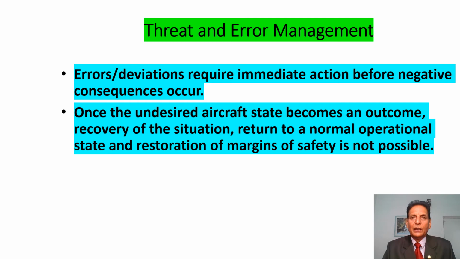Errors and deviations require immediate action before negative consequences occur. Once the undesired aircraft state becomes an outcome, recovery of the situation, return to a normal operational state, and restoration of margins of safety is not possible.